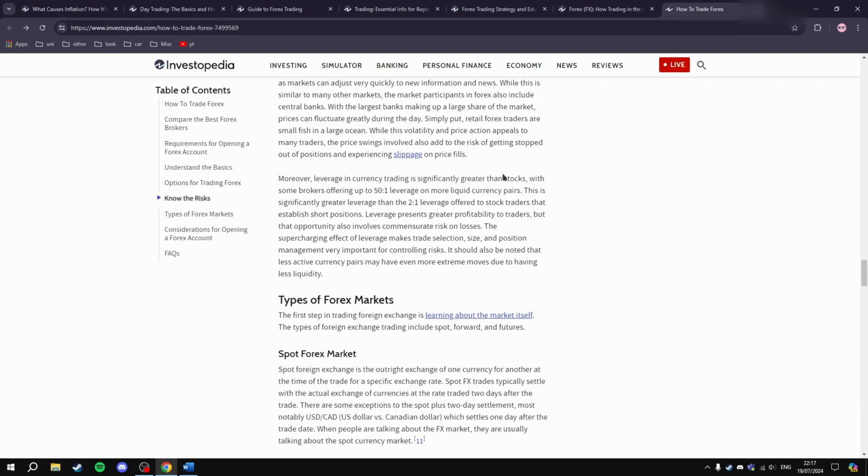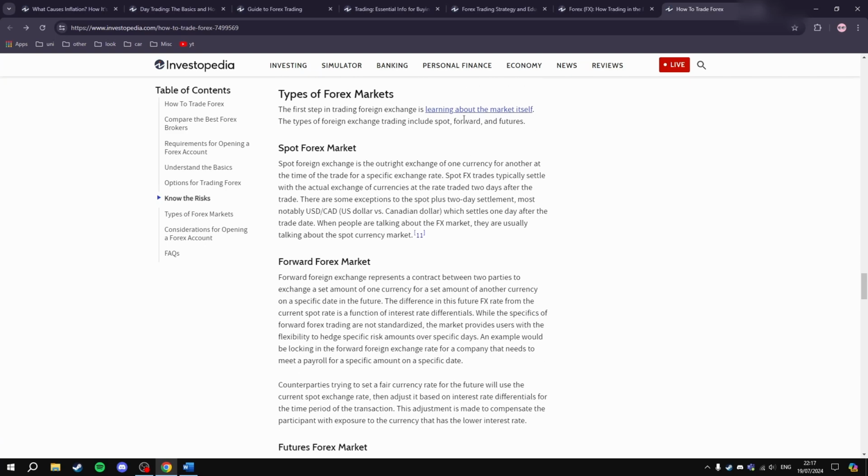Leverage, significantly greater than stocks for currency trading, so some brokers offer up to 50 to 1 leverage on more liquid currency pairs. So leverage presents greater profitability to traders, but that opportunity also involves commensurate risk on losses.